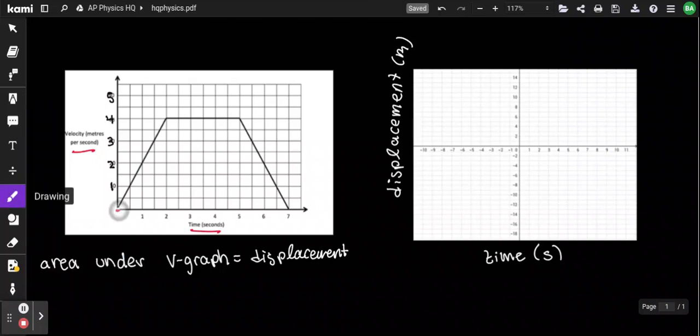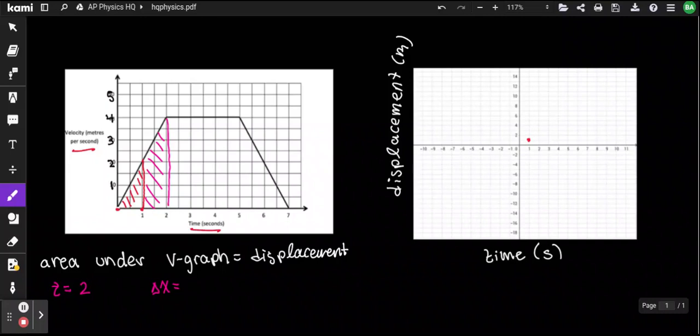So from 0 to 1, we find the area, which is going to give us the displacement at time 1 second. It's going to be 1 times 2, which is 2, divided by 2, and that's going to give us 1 meter. So at 1 second, our displacement is 1 meter. Let's keep going.